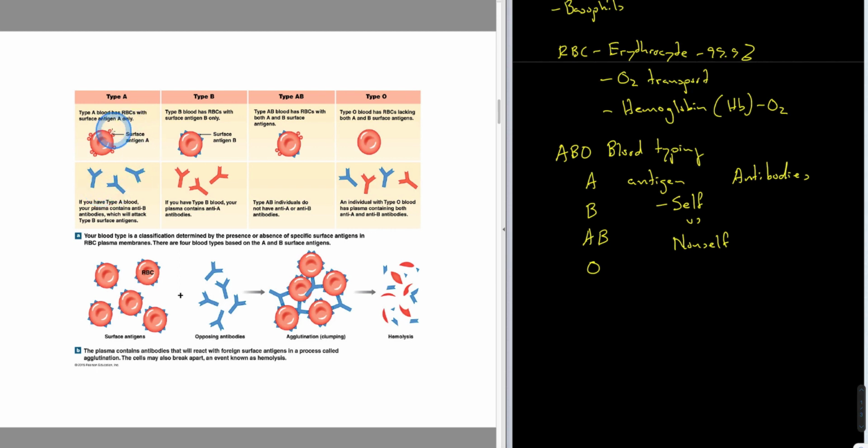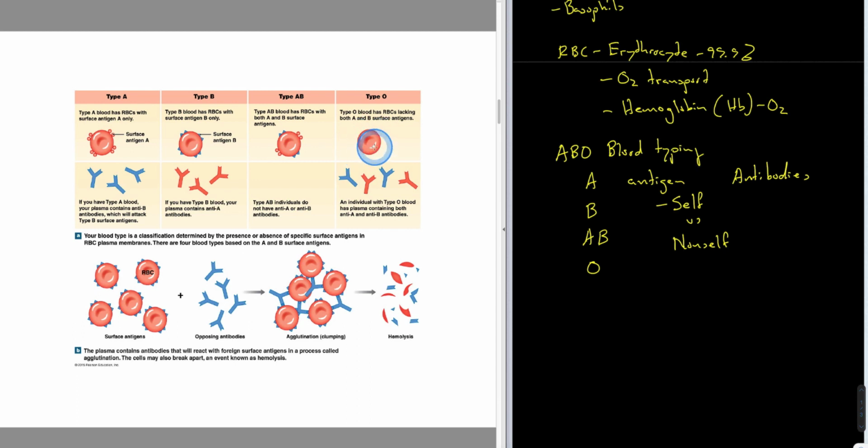So for instance, if you're type A blood, your red blood cell expresses the A antigen, and you're going to have antibodies against B blood. So we call those anti-B antibodies. If you have B blood, then your cell expresses the B antigen, and you're going to have anti-A antibodies. If you have AB blood, your cell expresses both A and the B antigens, and you're not going to carry any antibodies. This is why they say that AB blood is the universal acceptor.